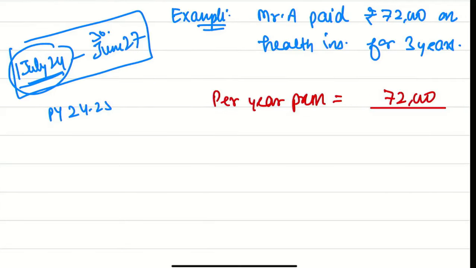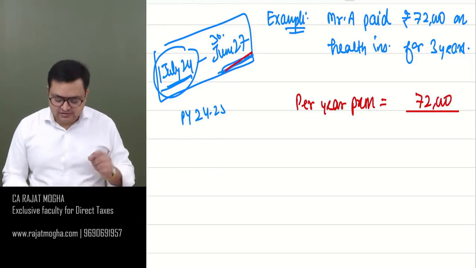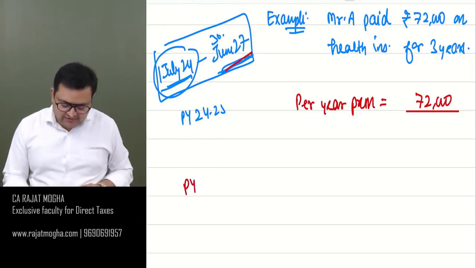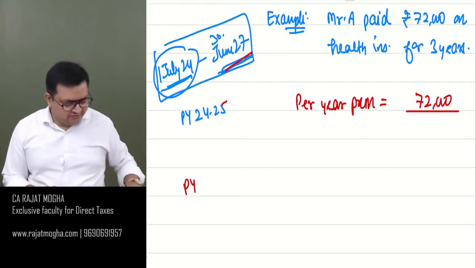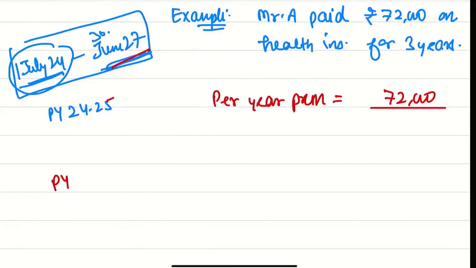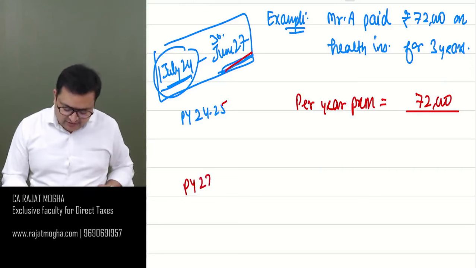Agree? And guys, 30th June 27 falls in which previous year? Previous year 27-28. Correct, Aditya.